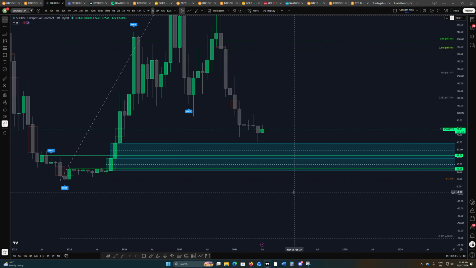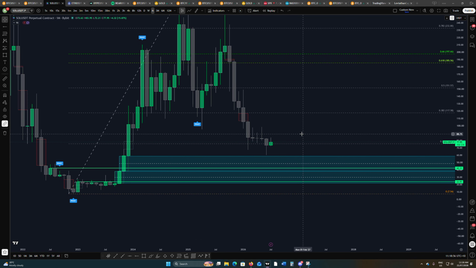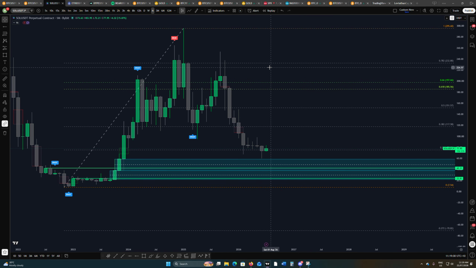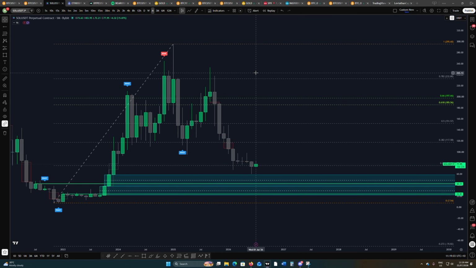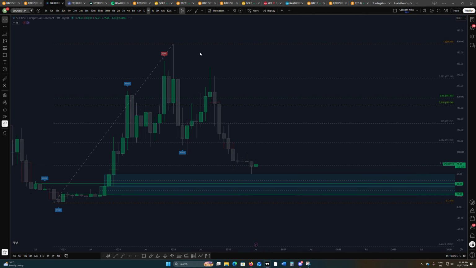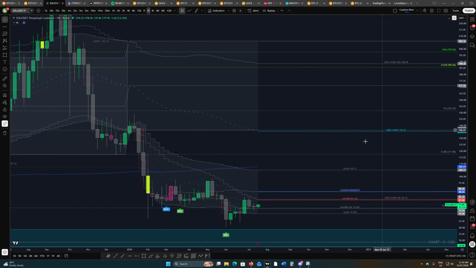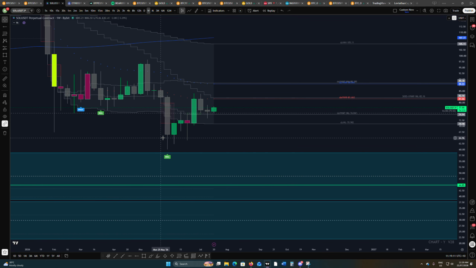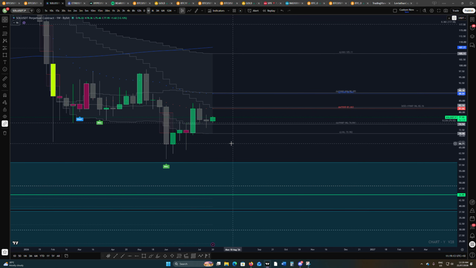So hope this helps. Yeah, nothing crazy. It's just more thoughts off the top of my head. Looking at the weekly as well, responsive buying in the bottom.